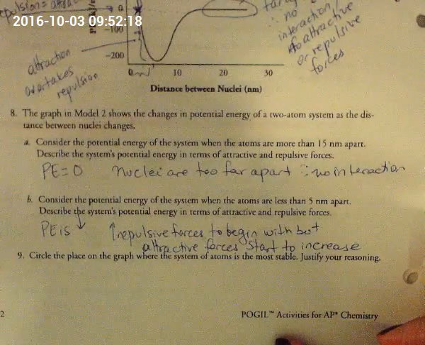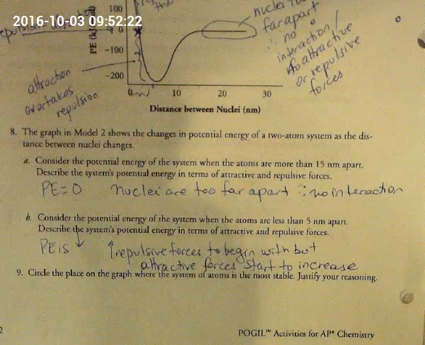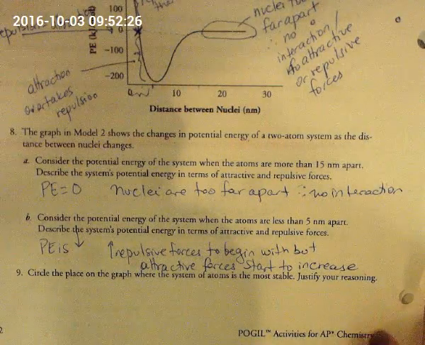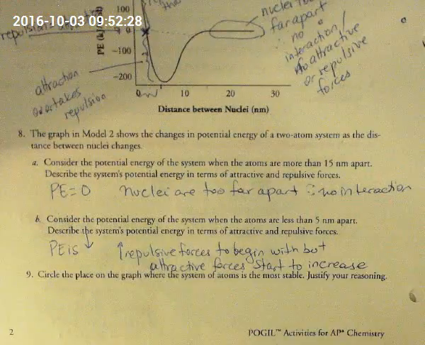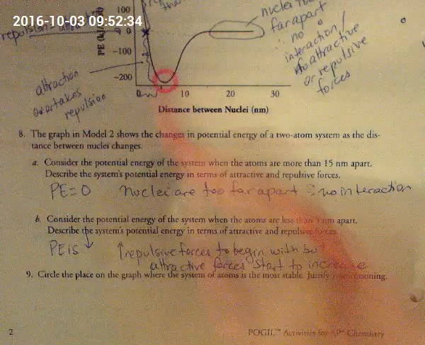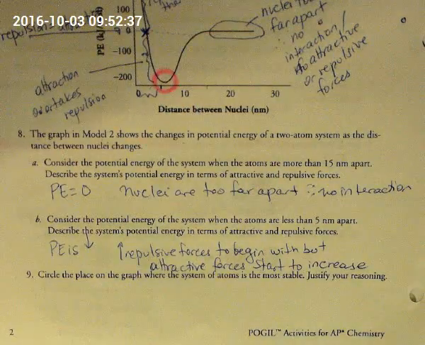Okay. All right, so now they want us to circle on the graph where the system of atoms is most stable. So what do you think? Where on the graph do you think it's most stable? The lowest point? That right there? Okay. How come?